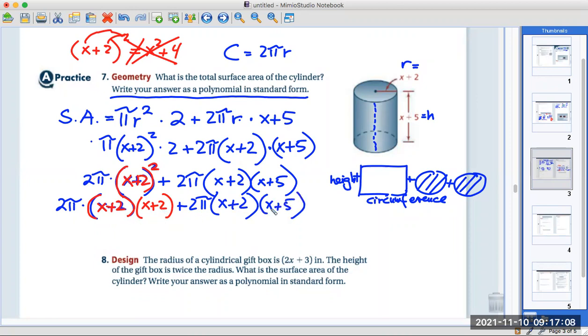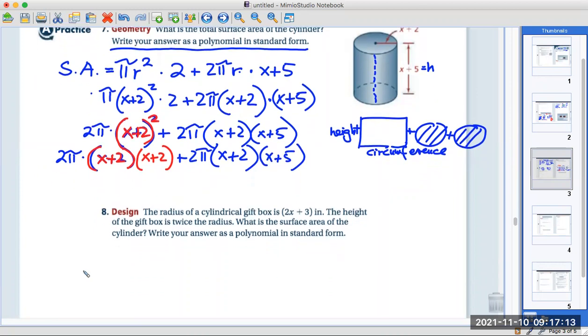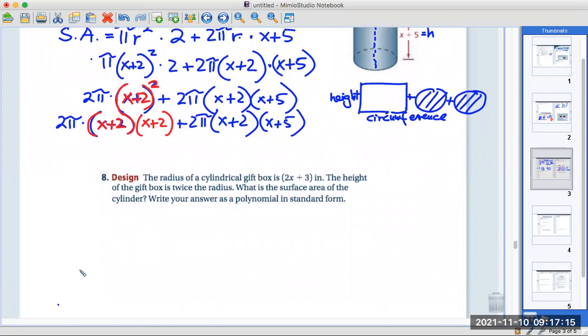These two you need to multiply out using the box method. I can factor out the 2 pi because we got that on both. The box method for the first: x plus 2 times x plus 2, which is x squared plus 2x plus 2x plus 4.